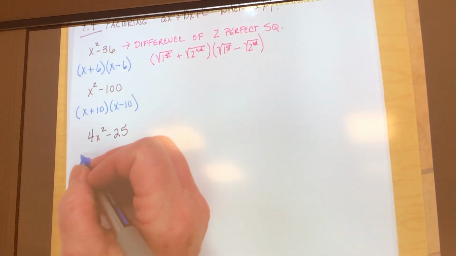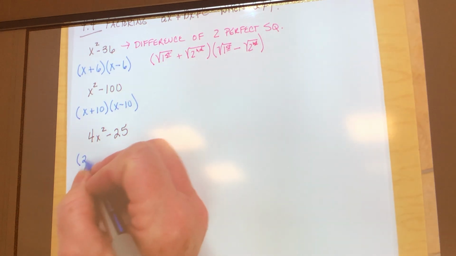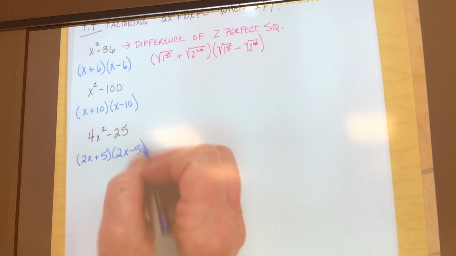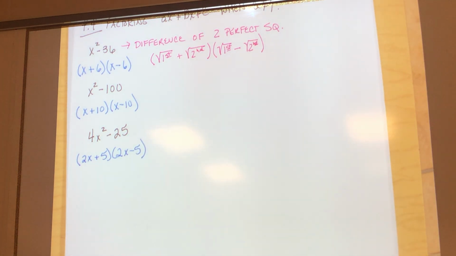Okay, you got it? What's it factoring to? 2x plus 5, 2x minus 5. Very good.